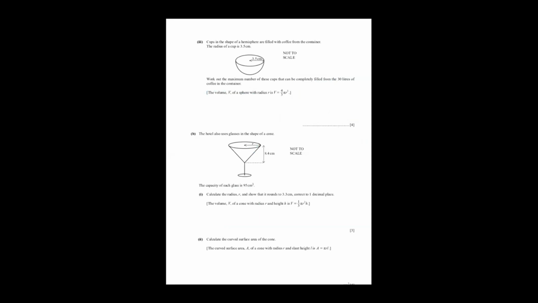So I'm going to equate 95 is equal to 1 upon 3 pi r square multiplied by 8.4. It is not 8 into 4, that is 8.4. So 1 by 3 into pi into r square into 8.4. Then make r square the subject and find the value.